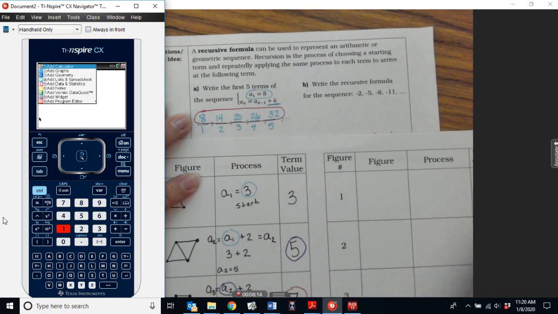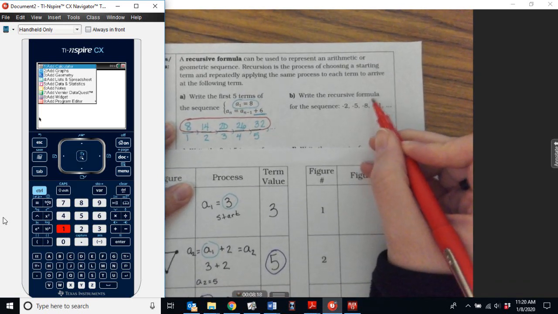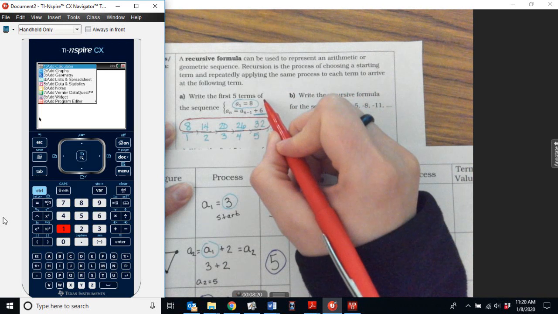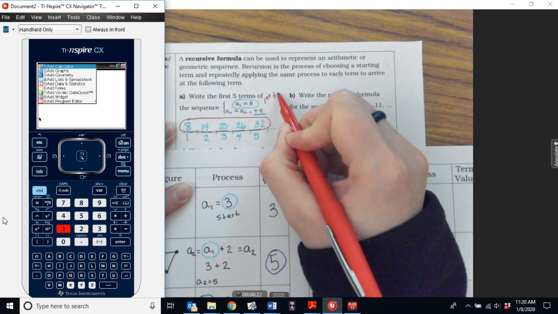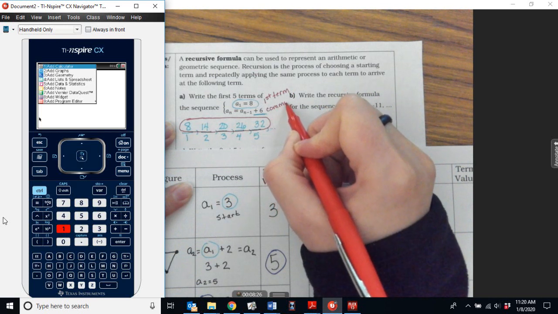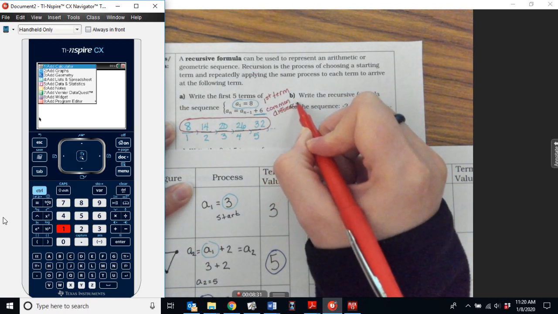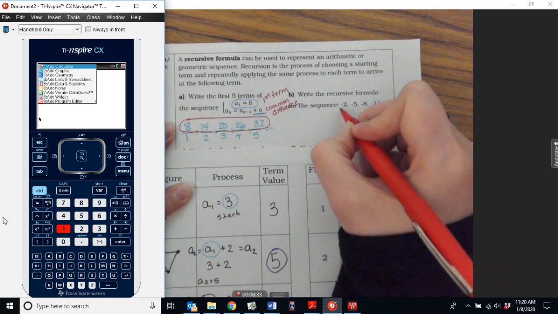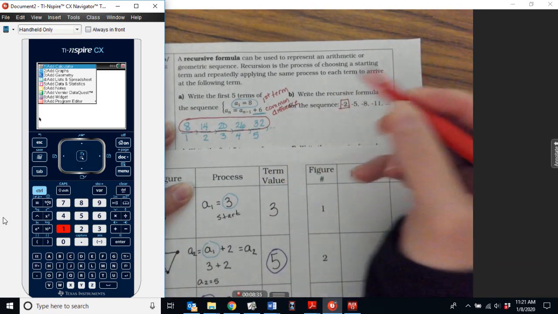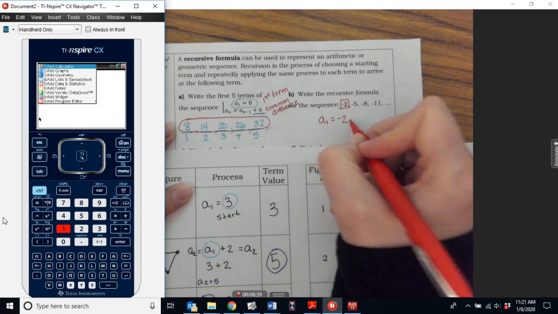Okay, the next thing is that you kind of want to go backwards and write the recursive formula. So that means you need to know the first term and then the common difference. So my first term is negative 2. So if I write this out, a of 1 is negative 2.